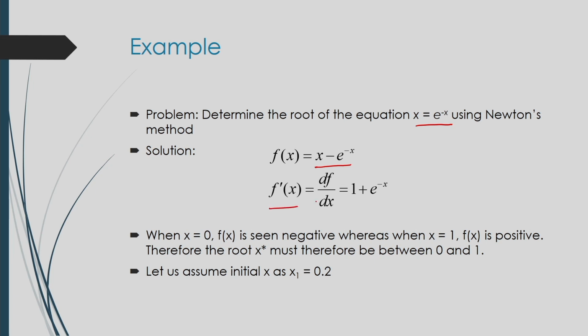It will be f dash x, equal to df by dx. This is basically 1 plus e to the power minus x, as shown here in the slide. Now when x is equal to 0, f of x is negative, whereas when x is equal to 1, f of x is coming positive.